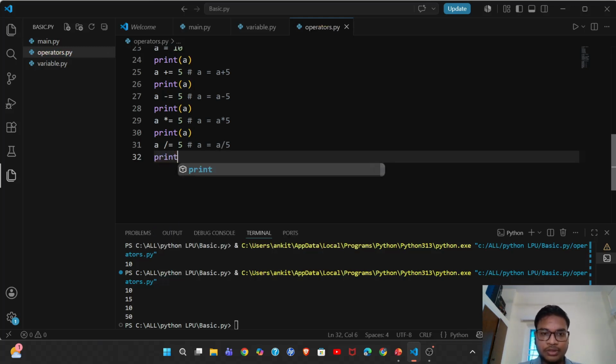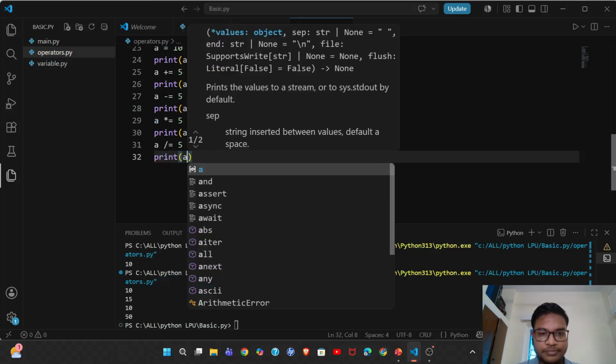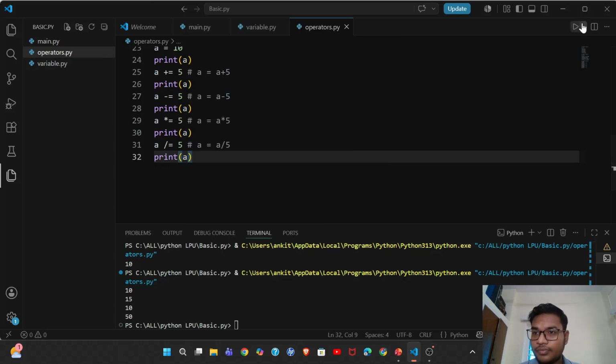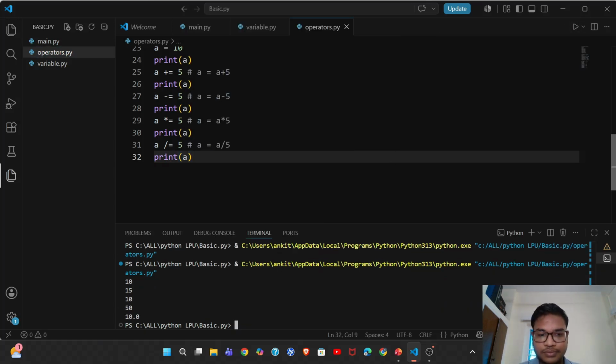Now print a. 10.0. Why is it 10.0? It's a floating point number. Okay. Why is 10.0? Because it's a division. When you have a division value, then it's also a floating point number. Always remember. There is some MCQ question there.